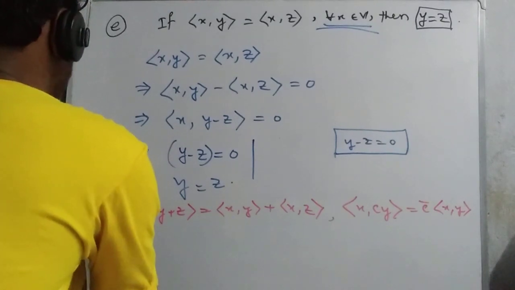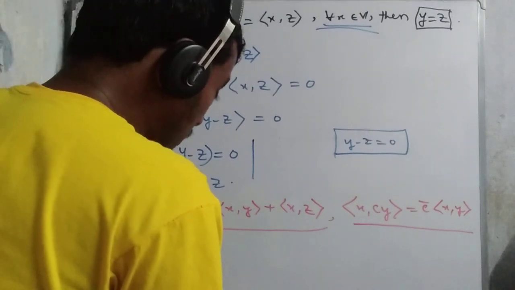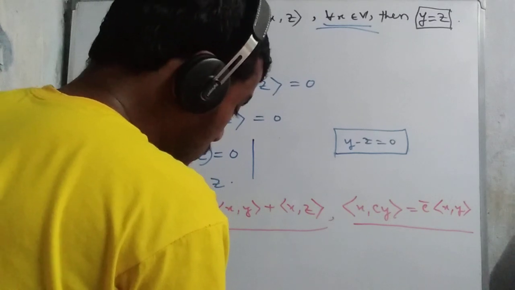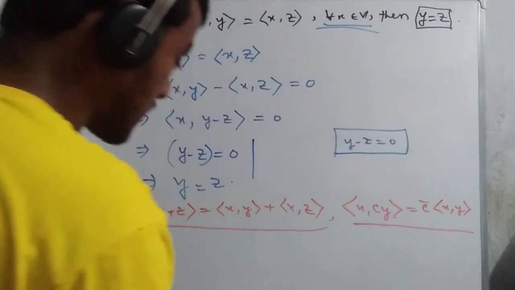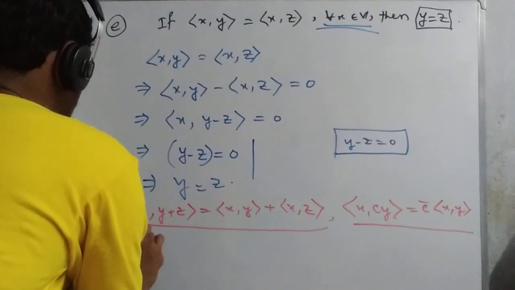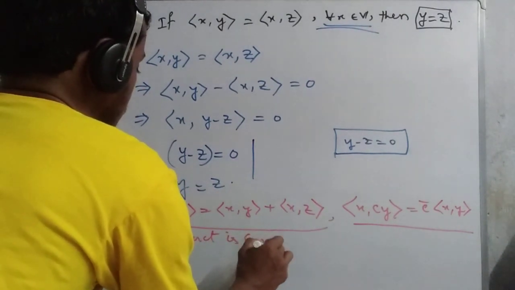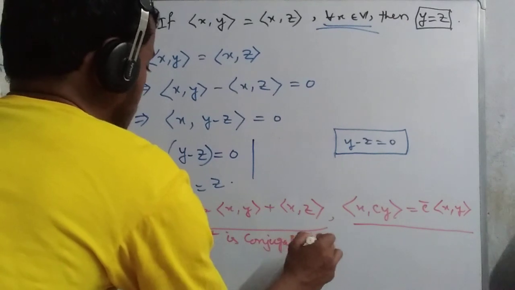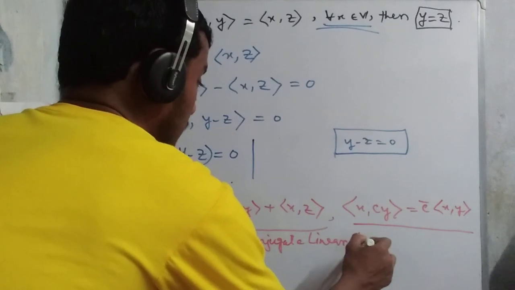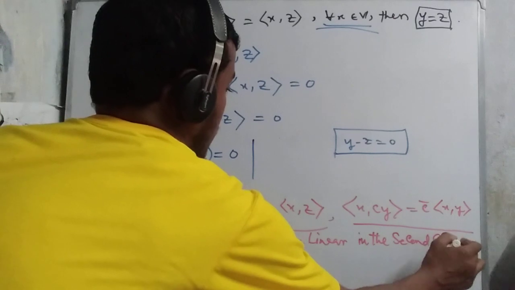If these two conditions are satisfied, then obviously we write that the inner product is conjugate linear in the second component.